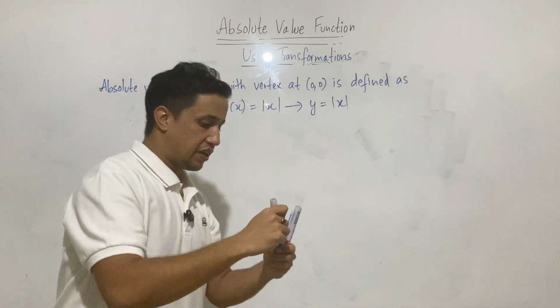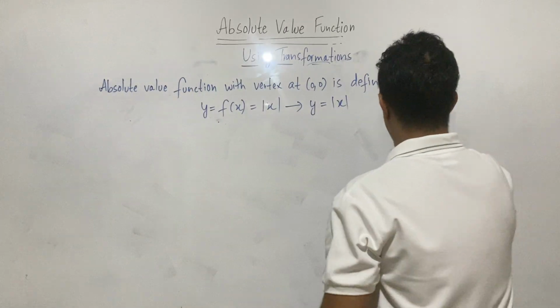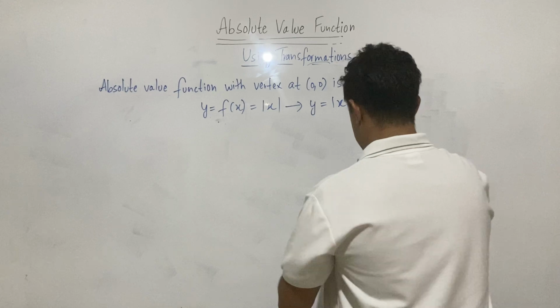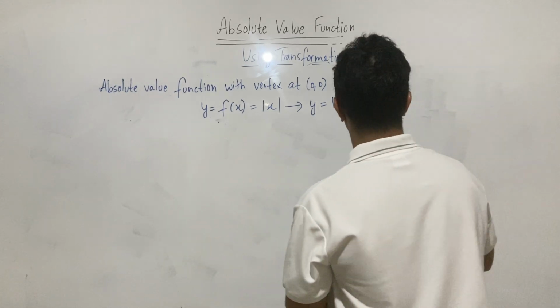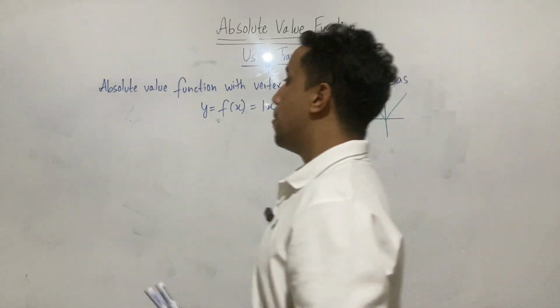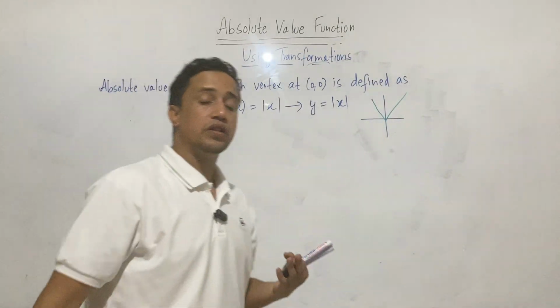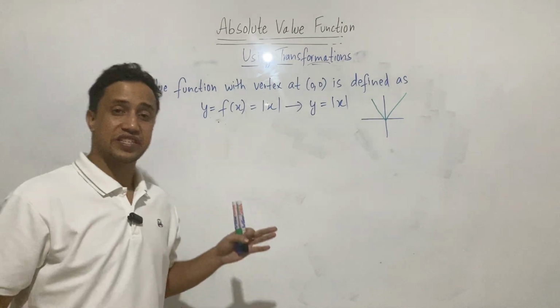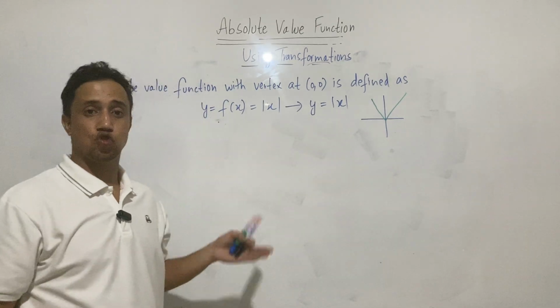If you look at this graph, you can see that it has its vertex at 0, 0. But not all the times is the vertex going to be at 0, 0.